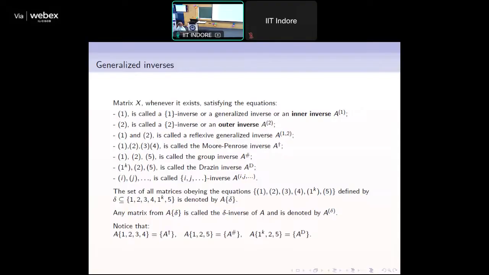One individual two inverse, or outer inverse, is denoted in this way. Then popular G inverses are reflexive G inverses, which satisfy equations 1 and 2. There is a unique Moore-Penrose inverse, and a unique group inverse, which satisfies equations 1, 2, and 5.